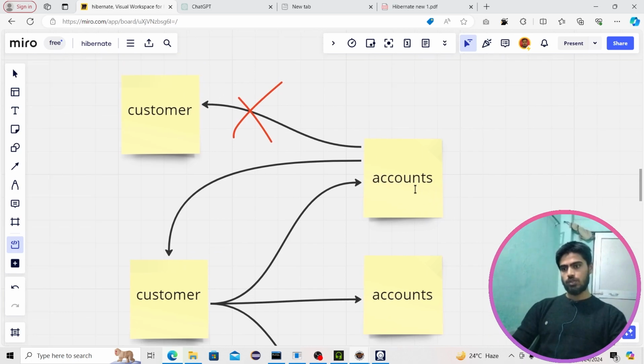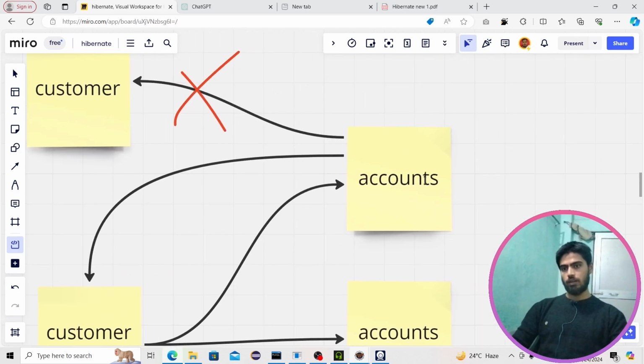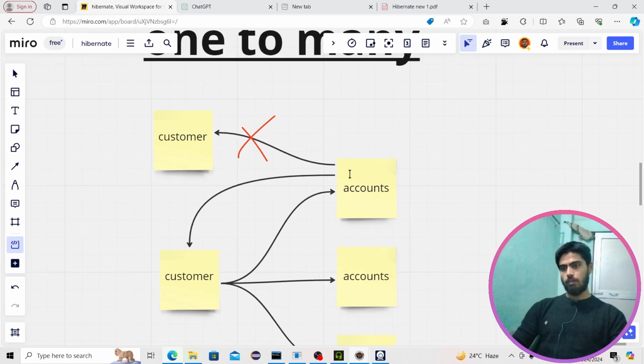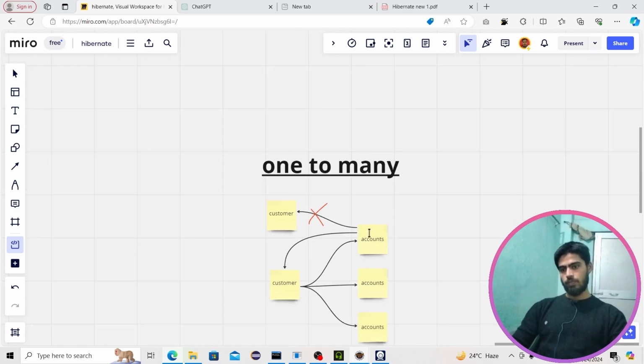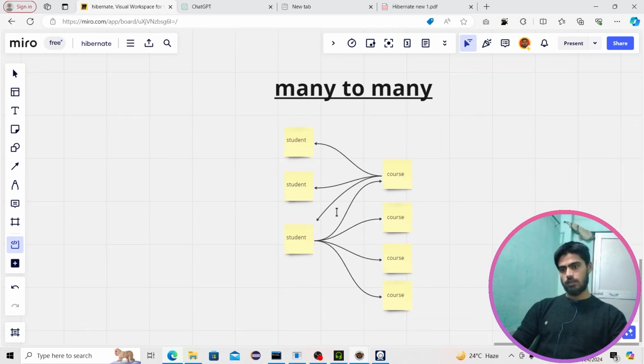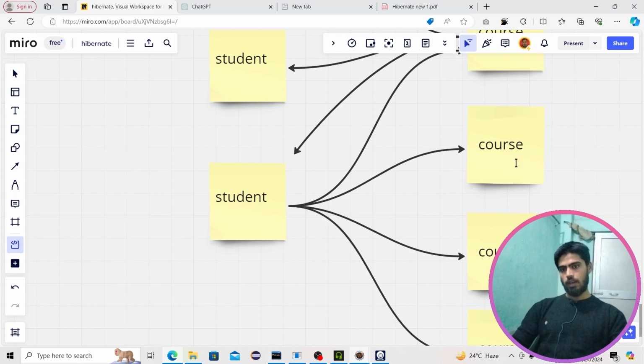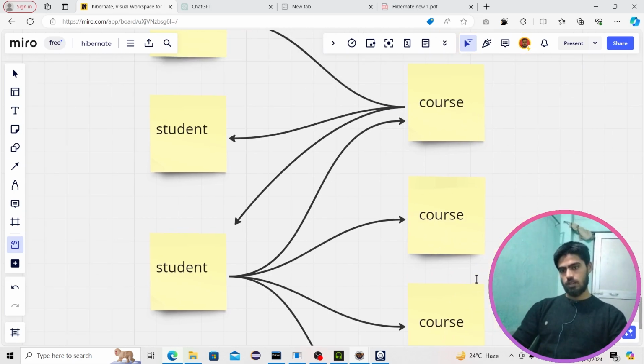But if you try to see from the opposite side of account, then one account is always going to belong to one customer, so it cannot be many to one. It is always one to many. In the third case, one student can have multiple courses.